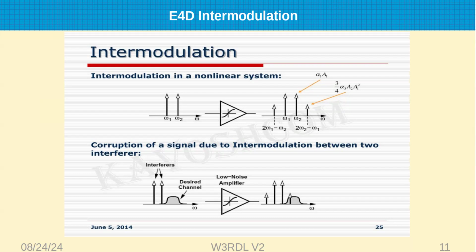And you need to kind of remember that it's going to be 2 times omega 1 minus omega 2, and 2 times omega 2 minus omega 1. So you take each of those two input frequencies, you multiply one of them by 2 and subtract the other frequency. And then you do the opposite: you multiply the other one by 2 and subtract the first frequency from it. And that'll give you the intermodulation products.